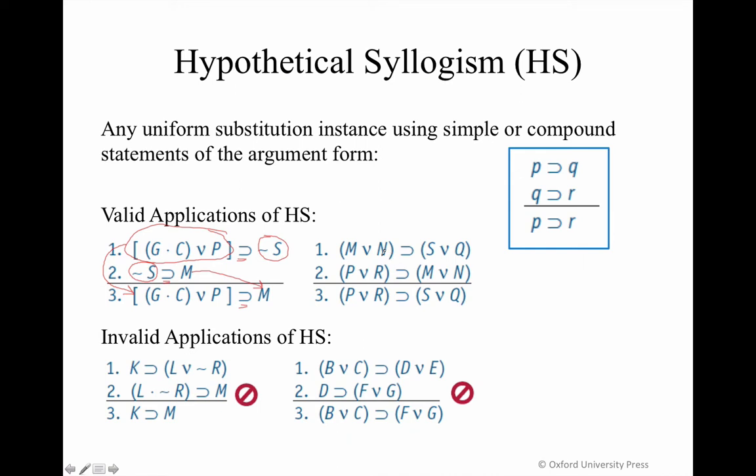Notice here, again, we have the antecedent of premise 1 is the consequent of premise 2. That cancels out effectively. That transfers over effectively the horseshoe relationship to P wedge R, C wedge Q. Can you see how even though you have 2 horseshoes here in premises 1 and 2 of the invalid applications examples, you don't have consistent language.